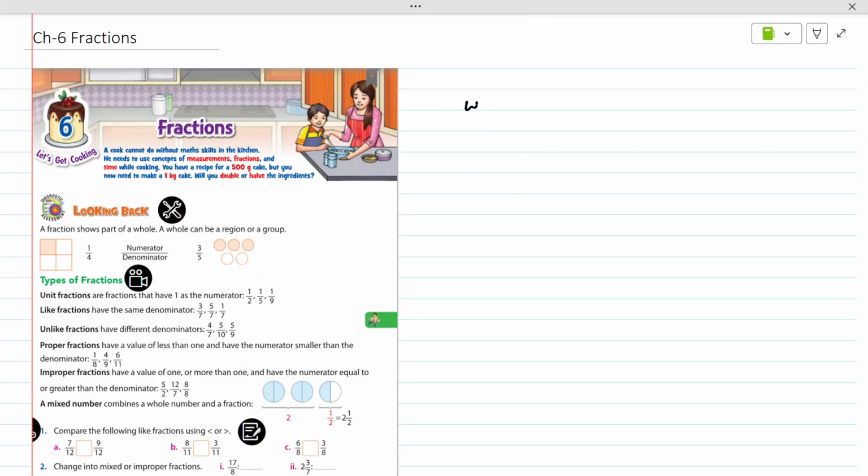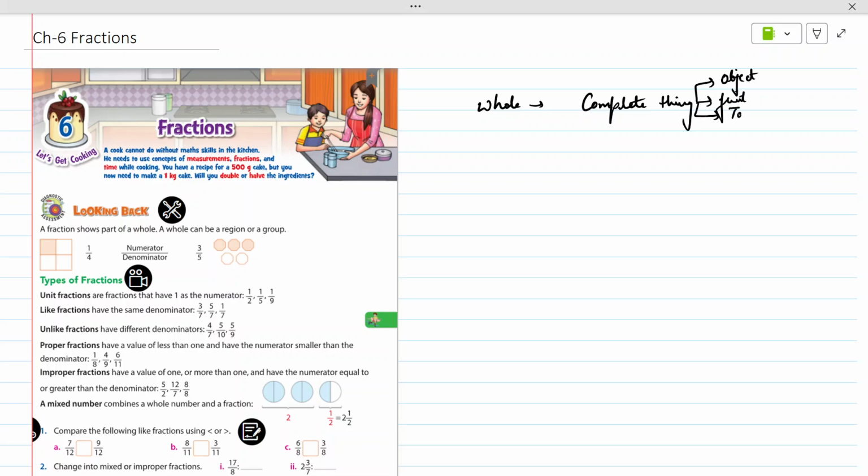Okay, so when I say whole, I'm writing here. When I say whole, that means it's a complete thing. Any complete thing. And thing, it can be an object, it can be a fruit.